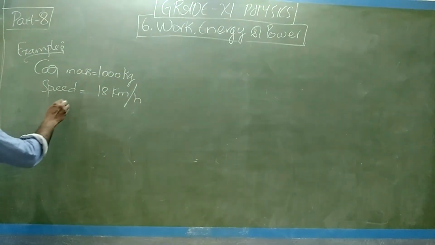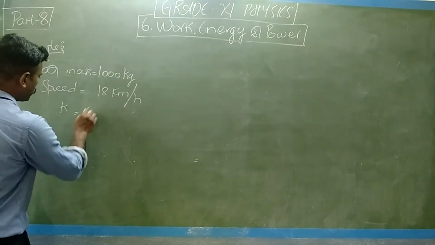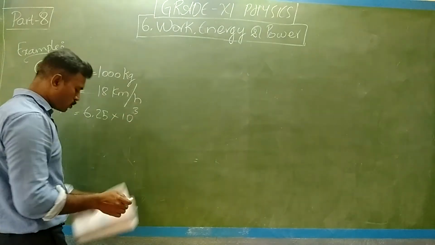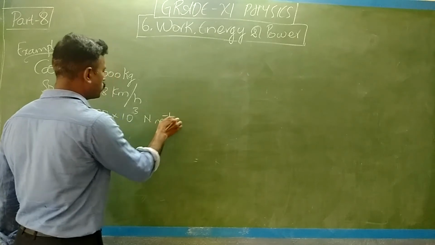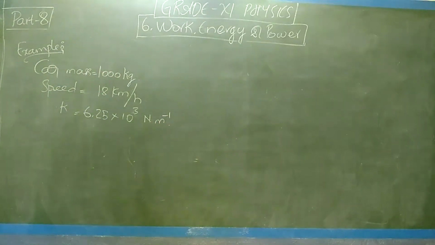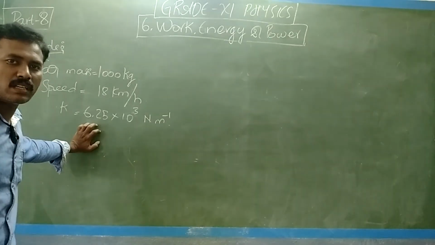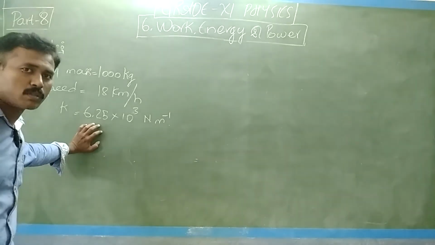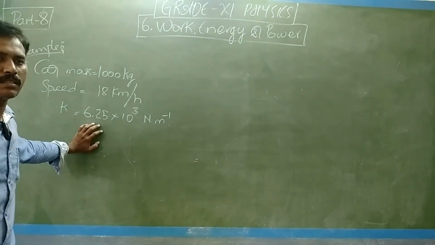Spring constant is k equal to 6.25 into 10 raised to 3 Newton per meter. So you see how much the spring constant is. So much force can this spring withstand.